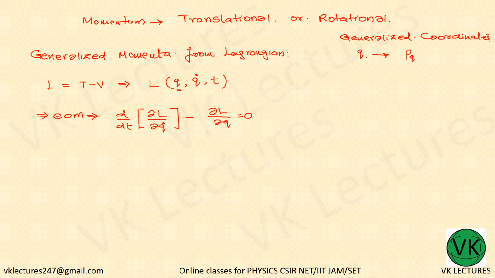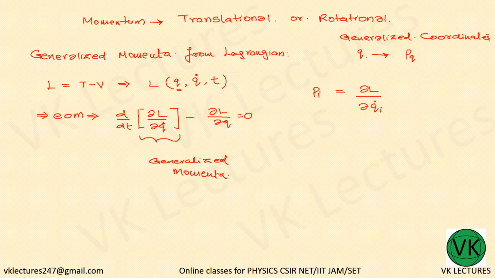Now the first term here indicates the generalized momentum. So we can write Pi for any ith quantity, or PQ. The generalized momentum Pi is given by dou L by dou Qi dot.